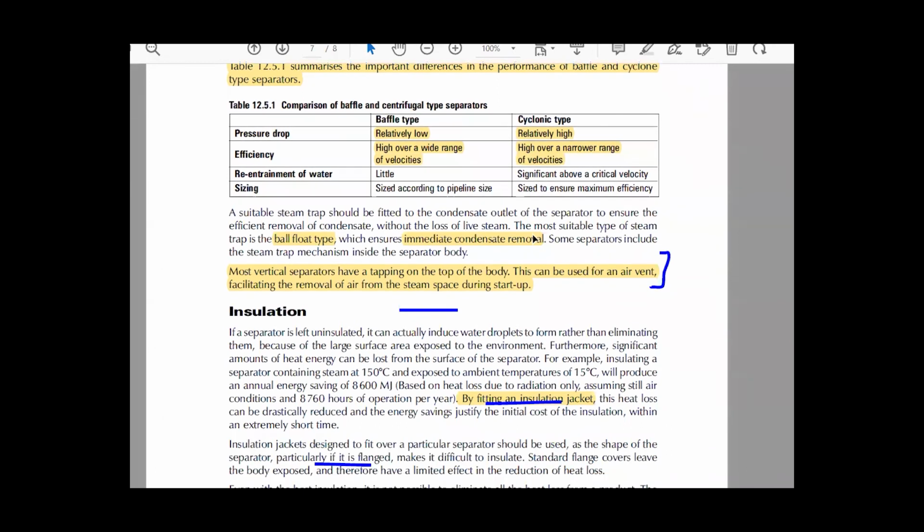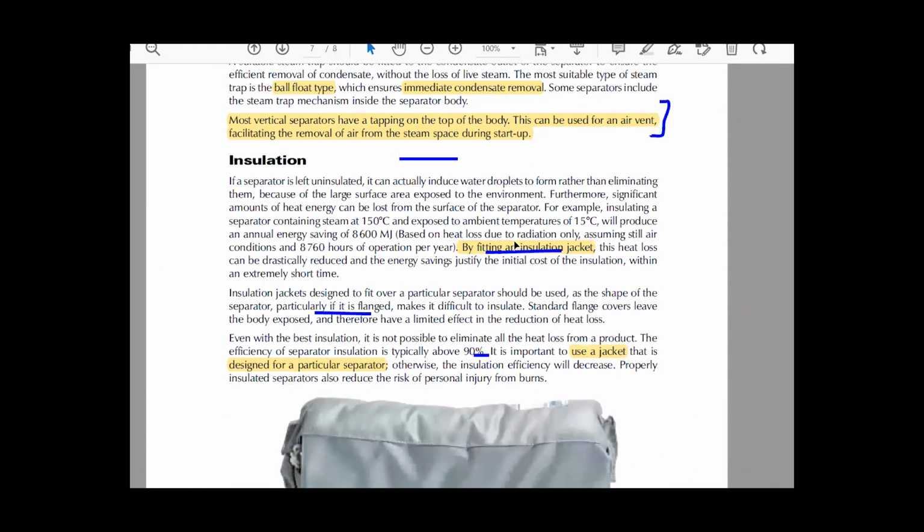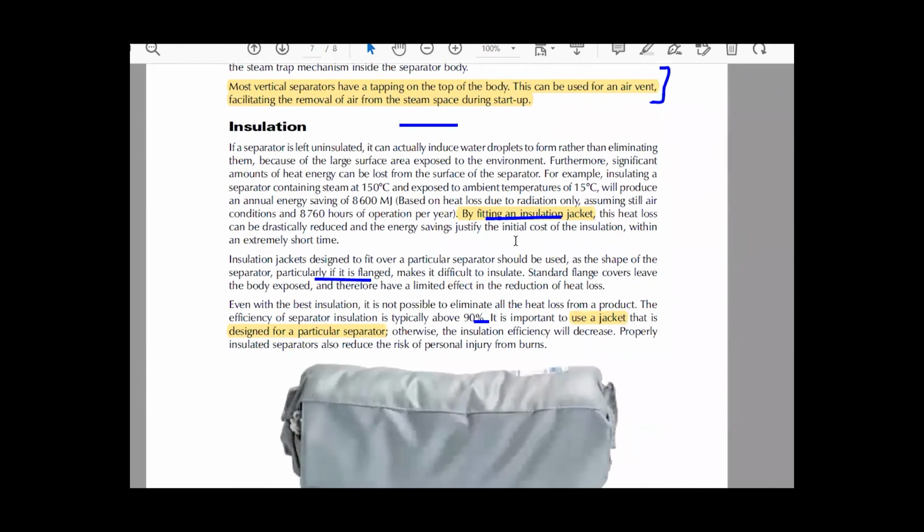Regarding installation, it's important to note that installation is a very important thing in a separator, because the separator is used to remove water droplets entrained in the steam to make it dry steam.